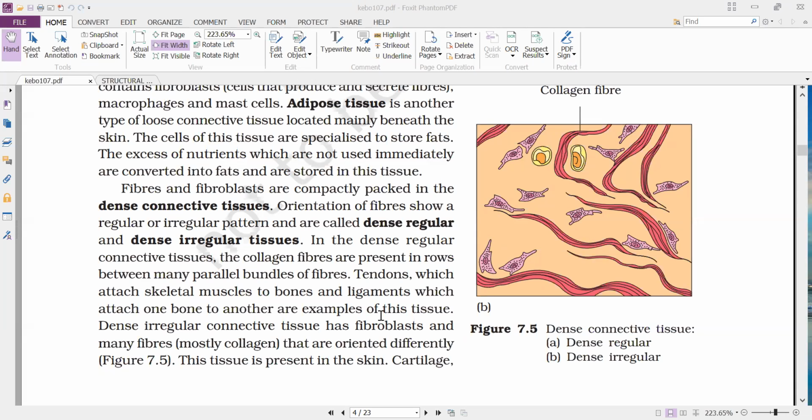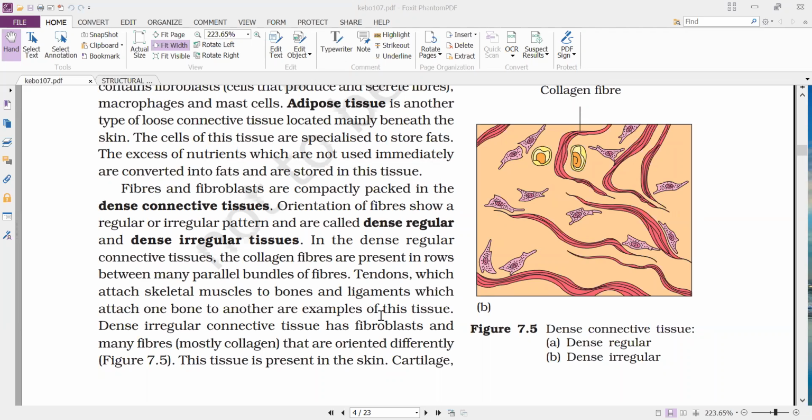The dense regular connective tissue which connects the skeletal muscle with the bone. Skeletal muscles are always associated with bones, and the attachment of the skeletal muscle with the bone occurs with the help of the tendon, which is a type of dense regular connective tissue.